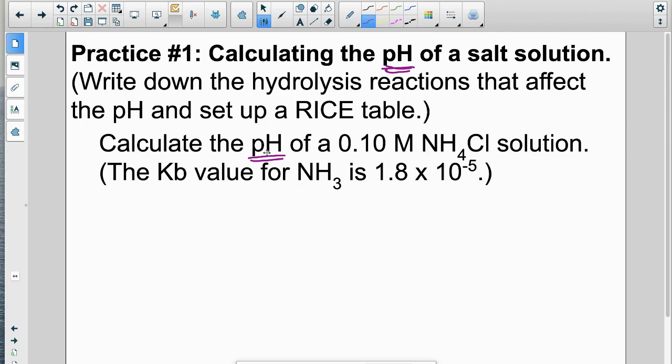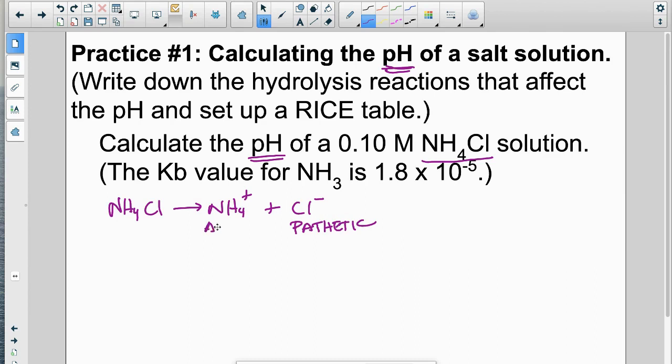It says calculate the pH of a 0.1 molar ammonium chloride solution. My ammonium chloride consists of 2 ions: ammonium plus Cl-. Cl- is a spectator. Okay, it can't do anything with water. It's the conjugate of a strong acid.